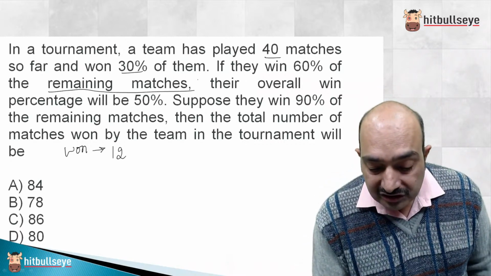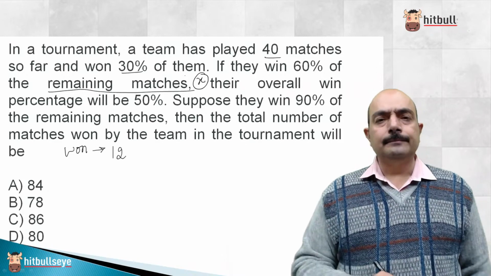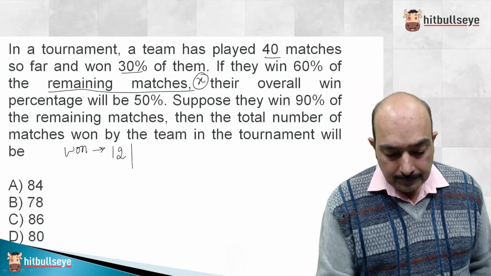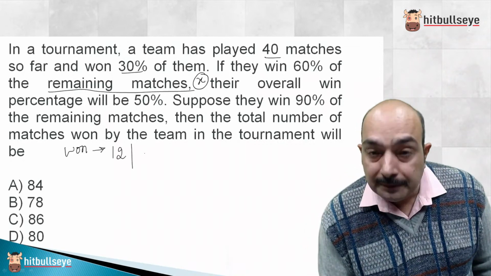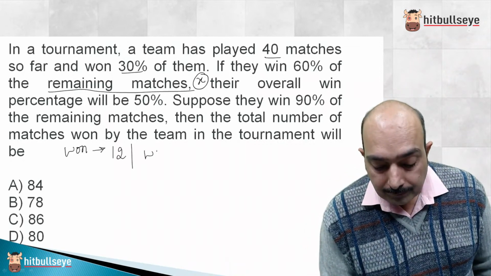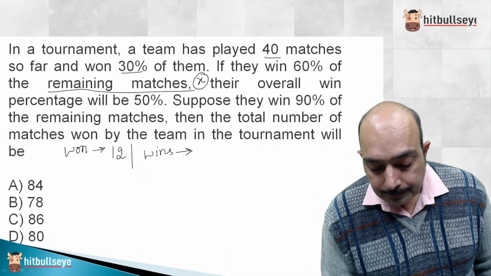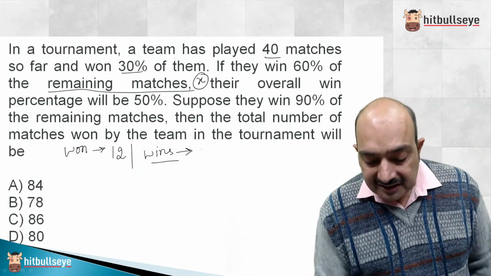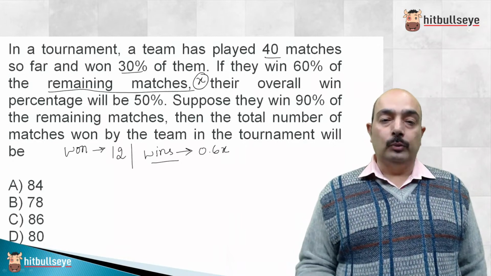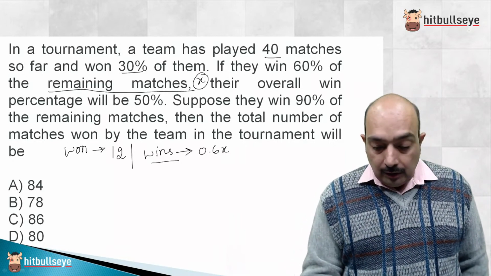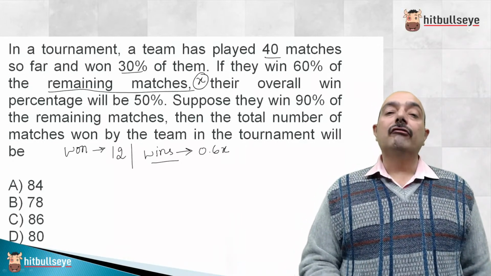So let us take those remaining matches as X. Now, if they win 60% of the remaining matches, which means there are some more wins. 60% of X gives you 0.6X more wins. What happens next? Their overall win percent will become 50.